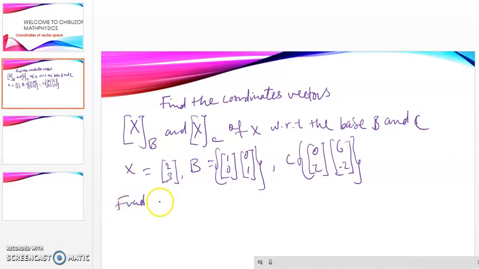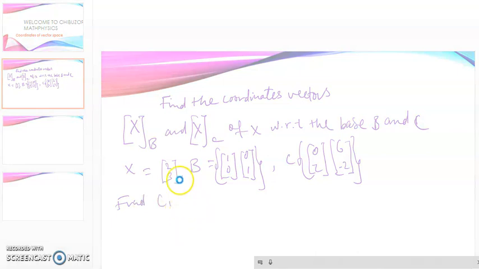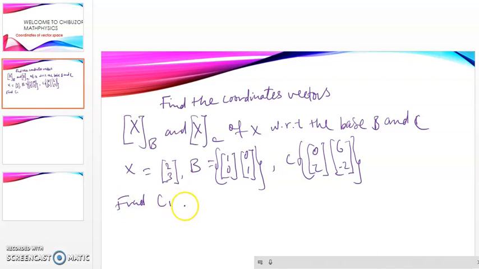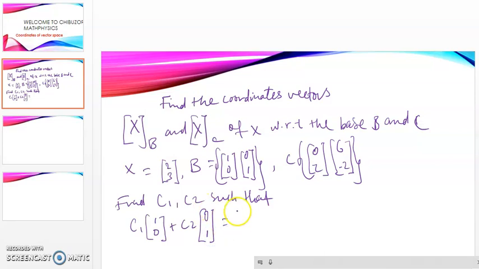So C1 times 1 0, plus C2 times 0 1, is going to be equal to this X, which we are using to find the coordinates, and X is given by 2 and 3.